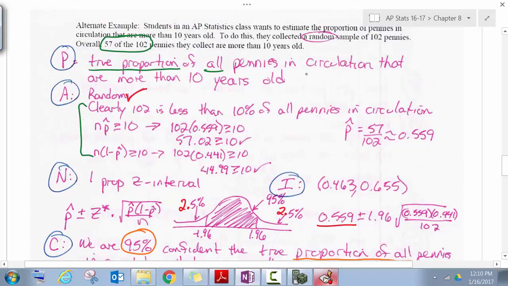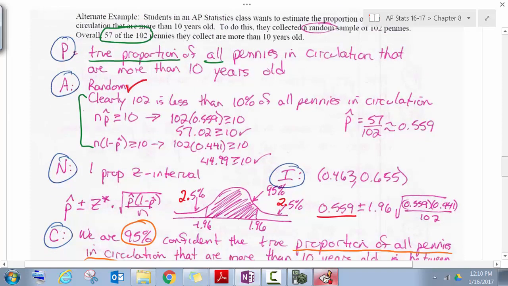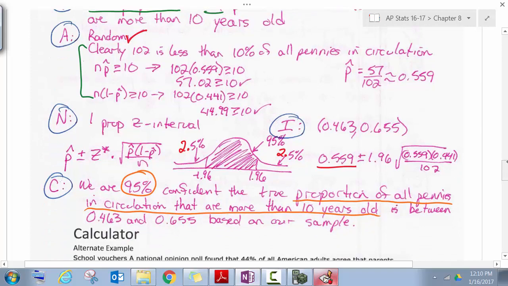So I didn't have to think about it again. That's why it's important that we write it the first time. So we're 95% confident that the true proportion of all pennies in circulation that are more than 10 years old is between the numbers that we got based on our sample. And that's it. That's all we have to do. That's finding the confidence interval.